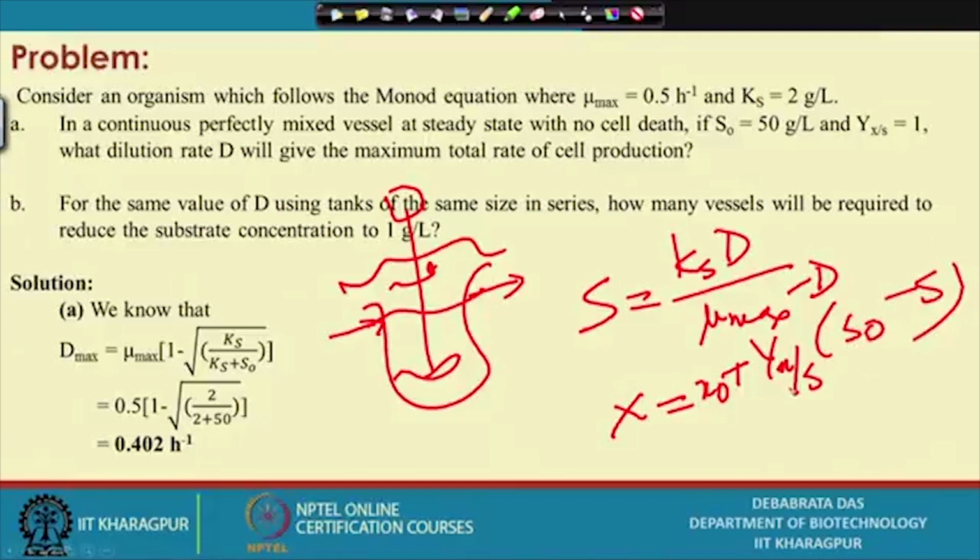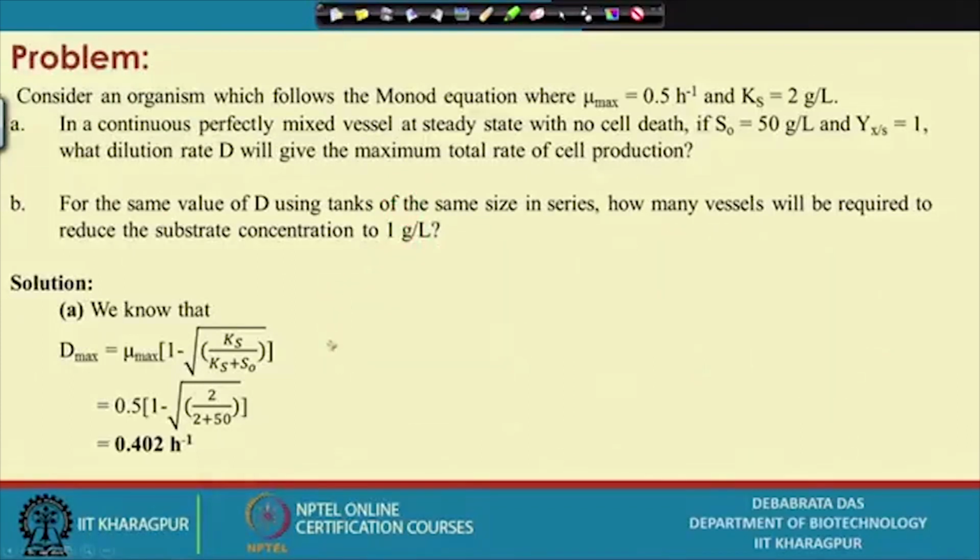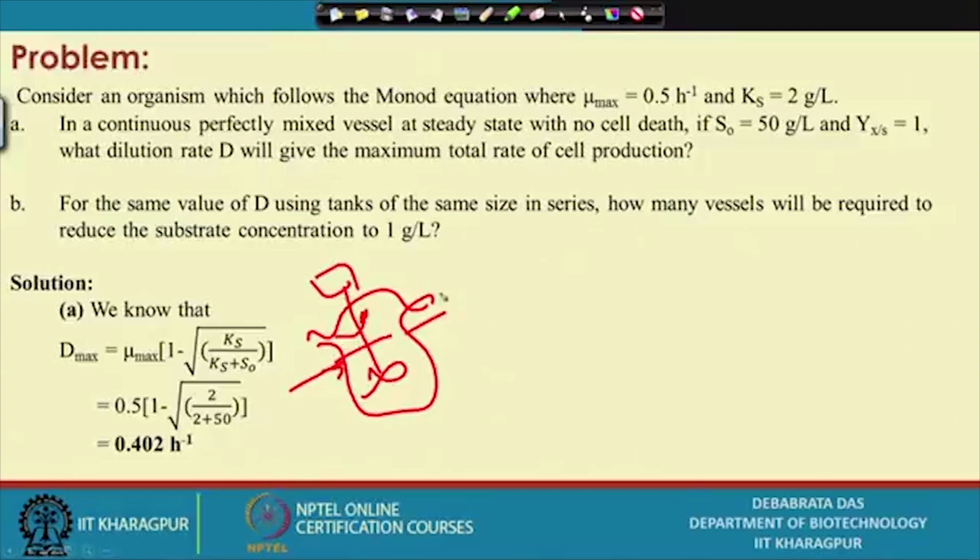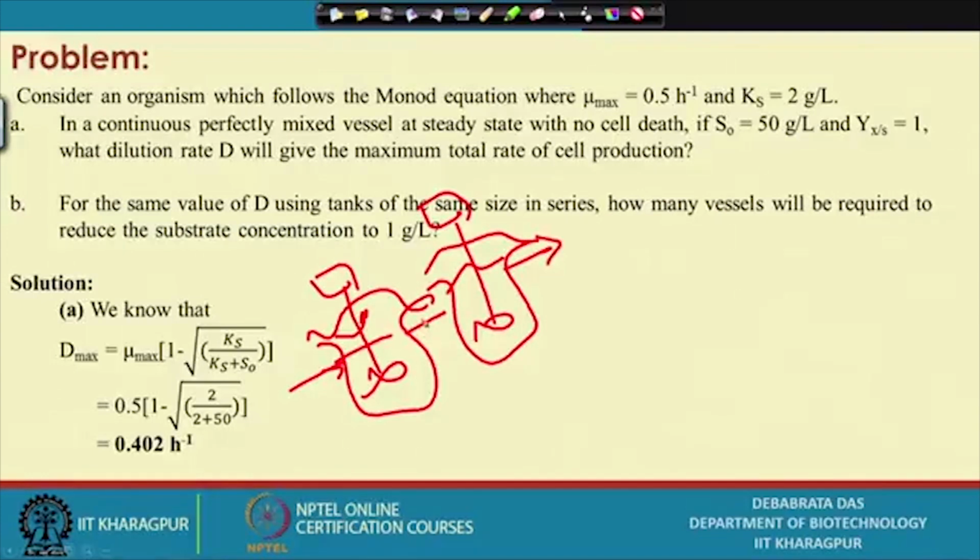But what will happen when this is connected with another CSTR? Suppose this is the CSTR here, this is one reactor, again it is connected with another reactor. So how can you analyze this?